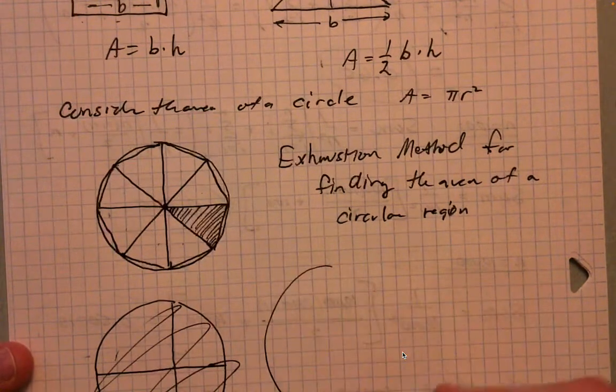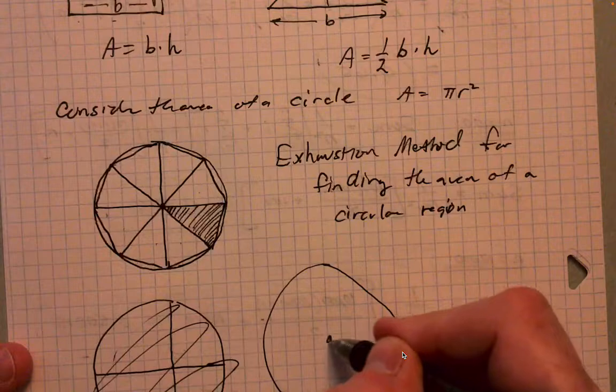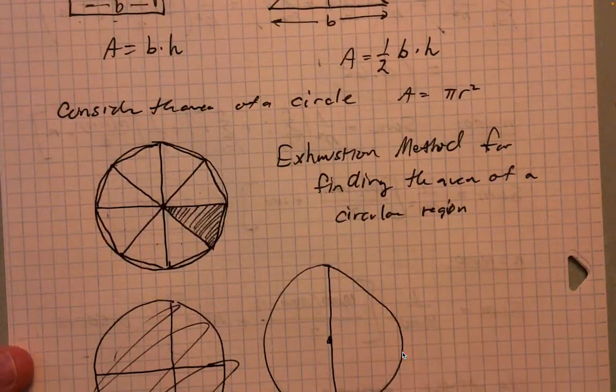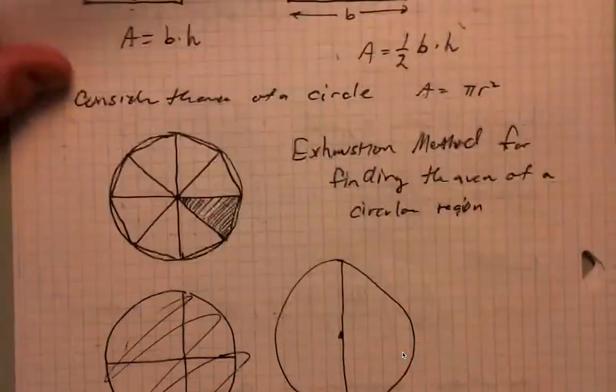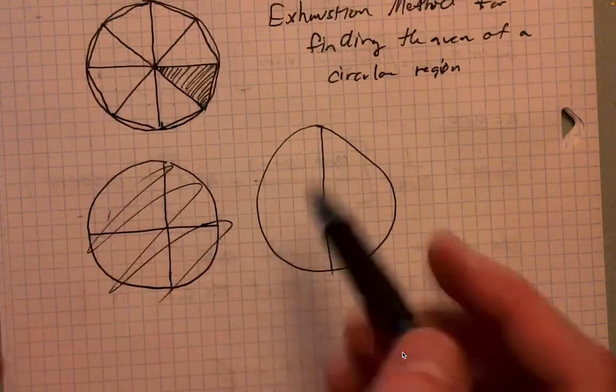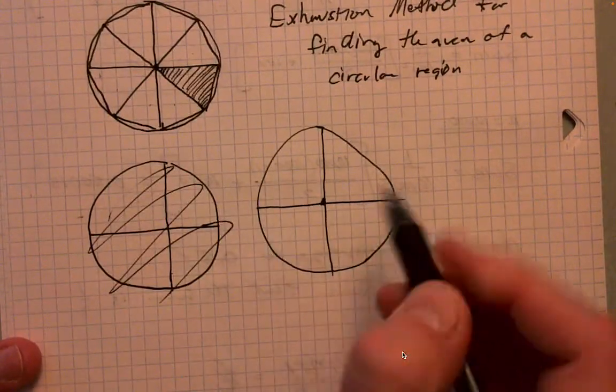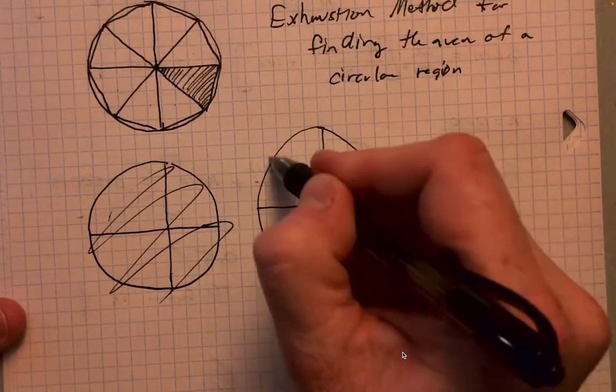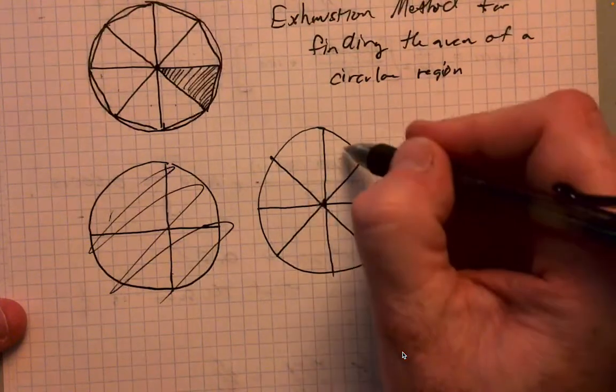Let me start with the circle and then draw the rays. So let's say we start with a circle, and instead of using 8 sections, we use more like 16. Then what happens?